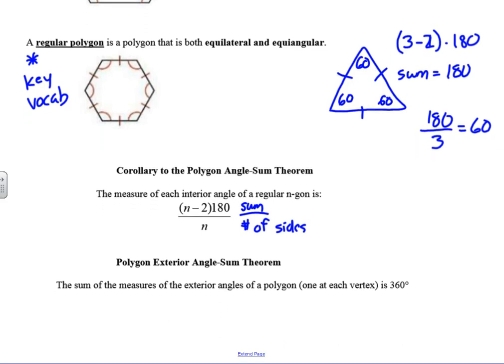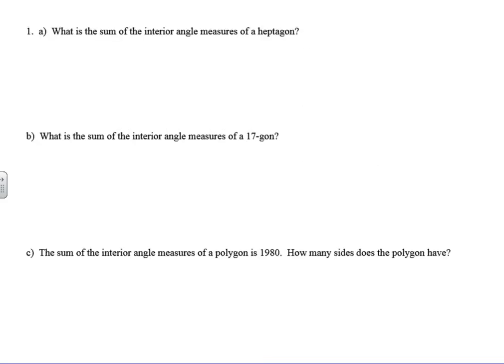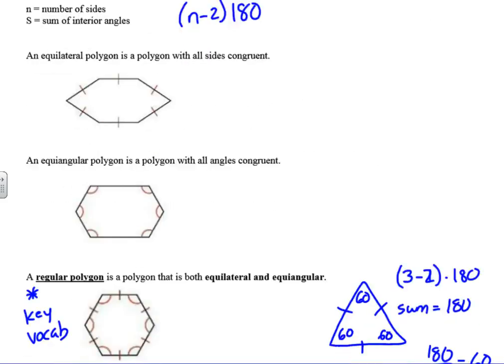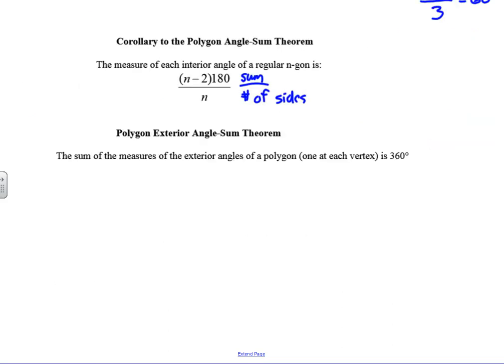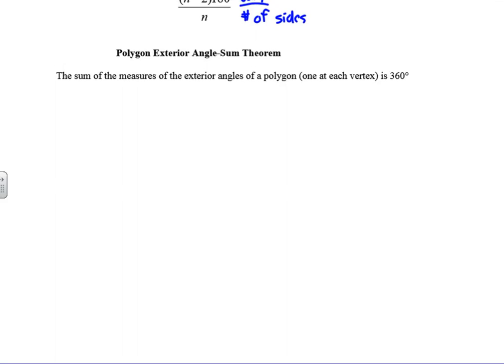All right, we could keep on going, but we've got other content to cover. So the polygon exterior angle sum theorem says the sum of the measures of the exterior angles of a polygon, one at each vertex, is 360. I just want to talk about that a little bit to demonstrate it, because it seems a little vague.